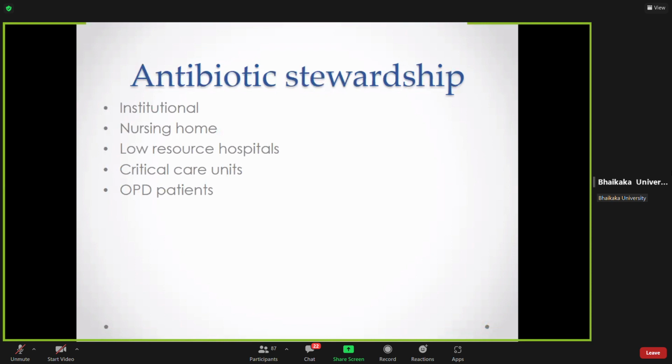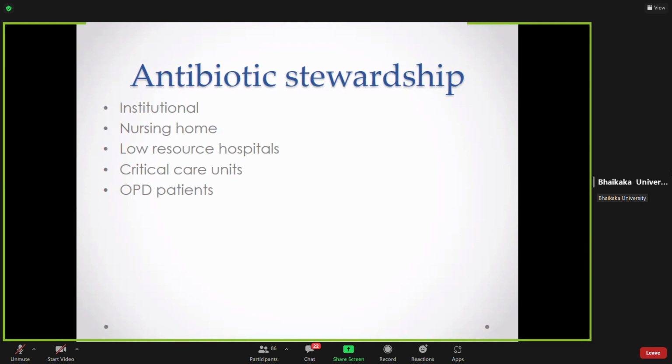Now, the antibiotic stewardship program needs to be implemented at institutional level, nursing home level, low resource hospital level, critical care unit level, and OPD patient level, because antibiotic stewardship programs have different structures.